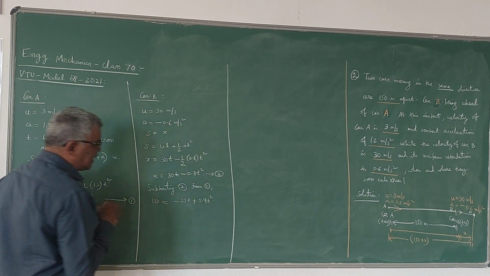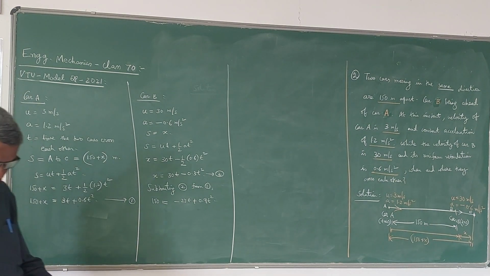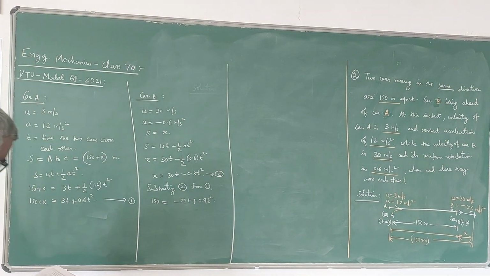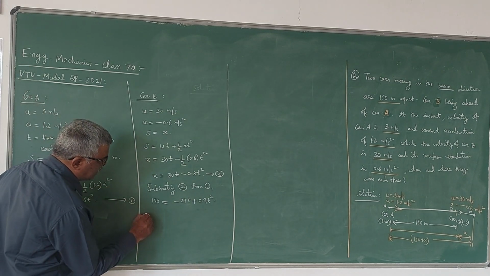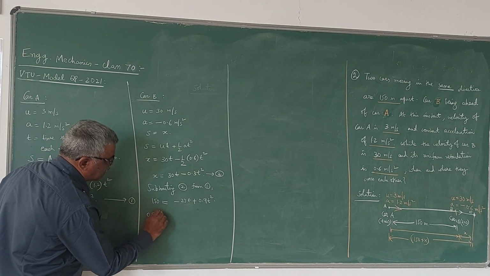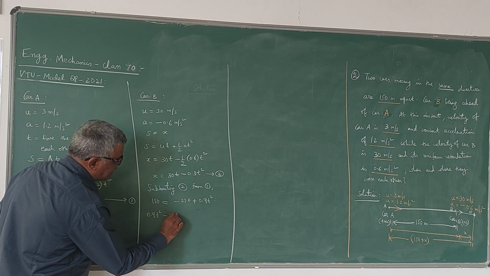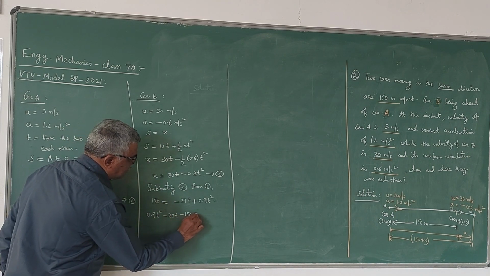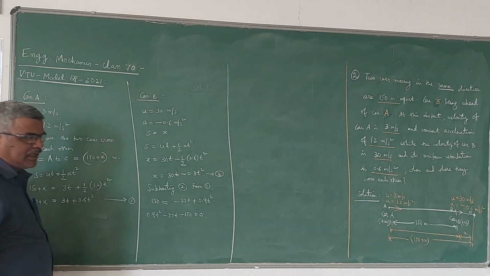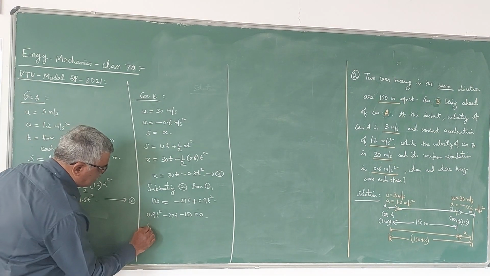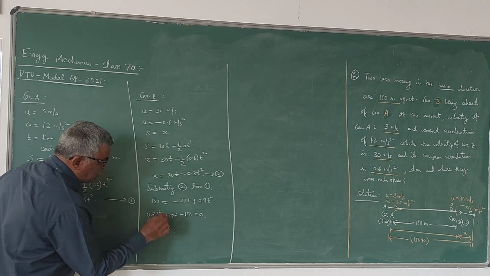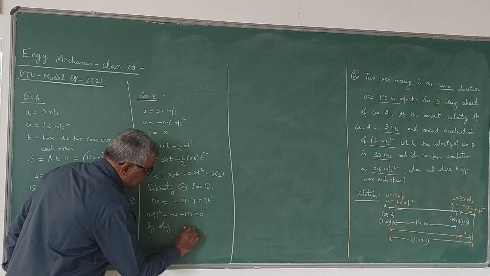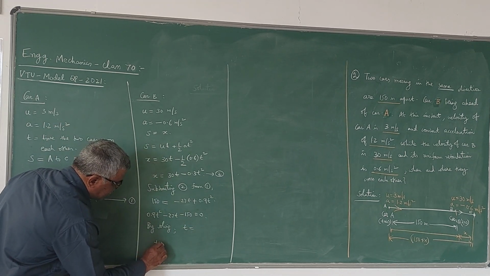So this is a quadratic equation. If you solve this quadratic equation, you can easily get the two roots. So I can write this as 0.9 t square minus 27t minus 150 is equal to 0. This is a quadratic equation in t. By solving, of course you will get two values of t, out of which consider only the positive value.